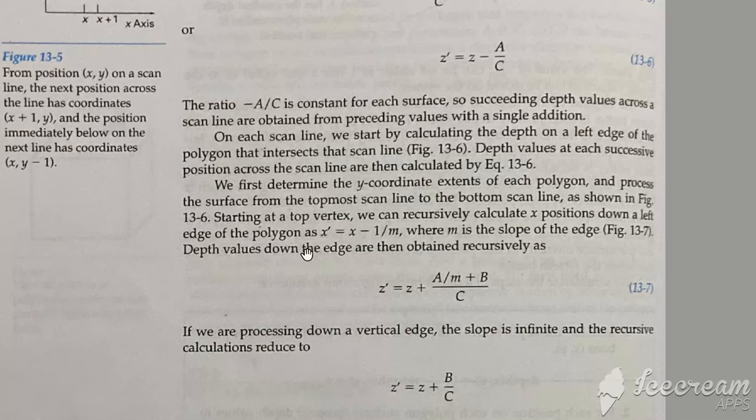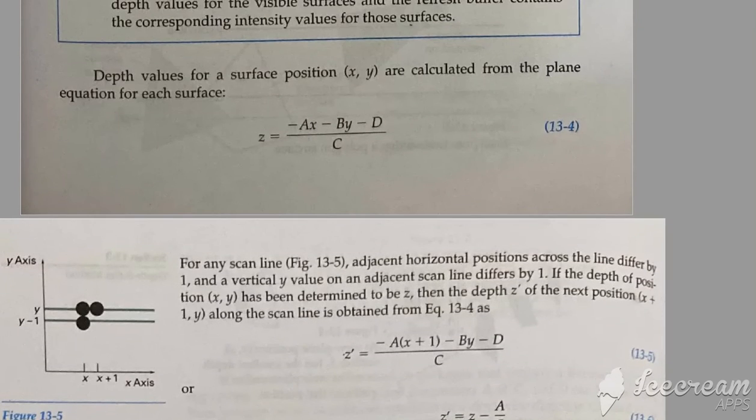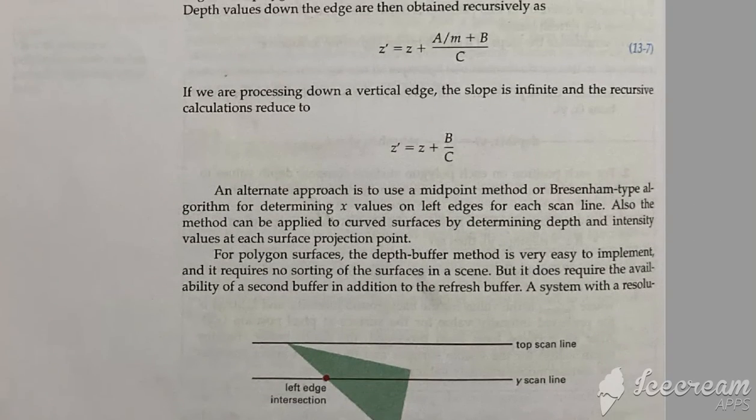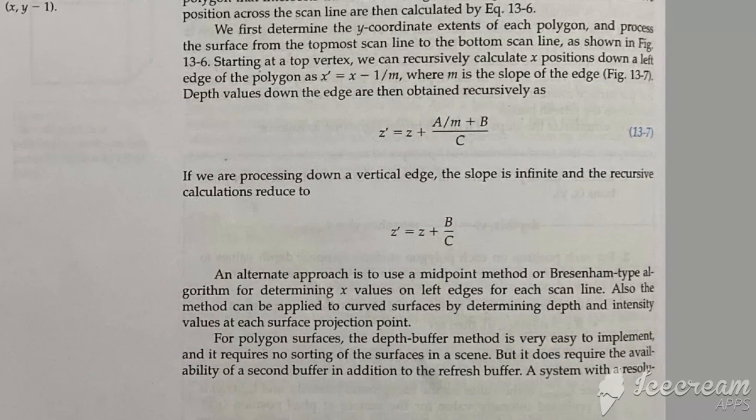Here x dash is our x plus 1, and we substitute it in our first equation, with the value of y as y minus 1. Then we get z dash is equal to z plus a by m plus b by c. By solving, we get the equation in this way.